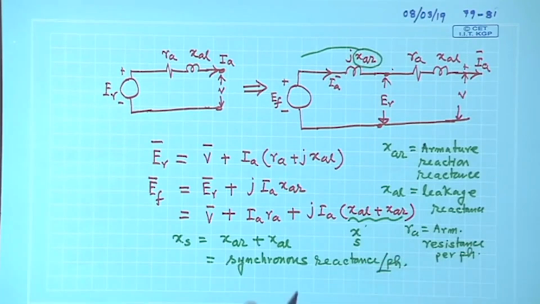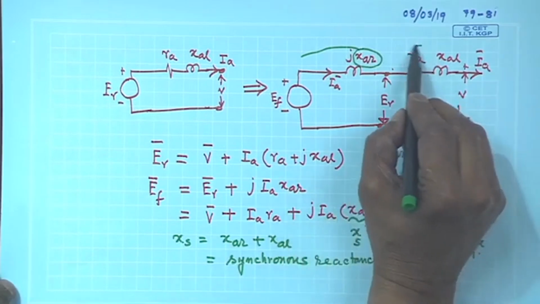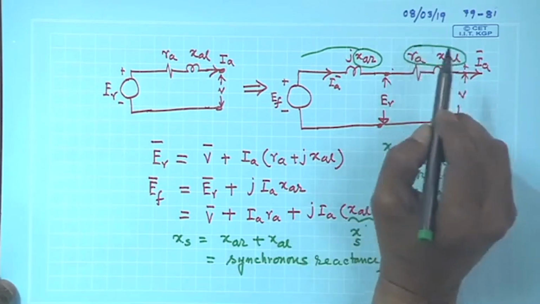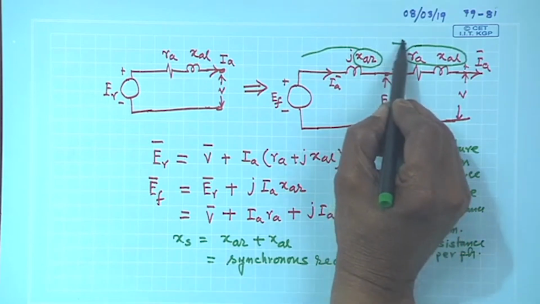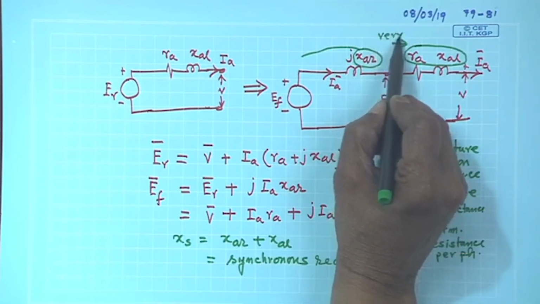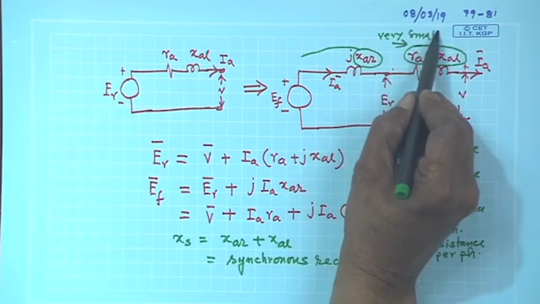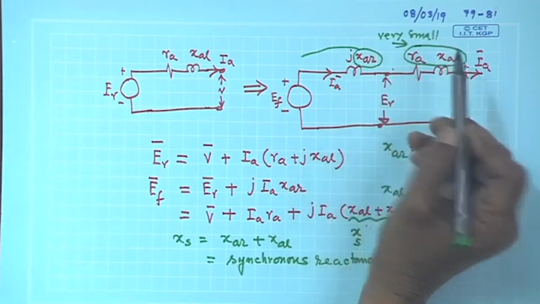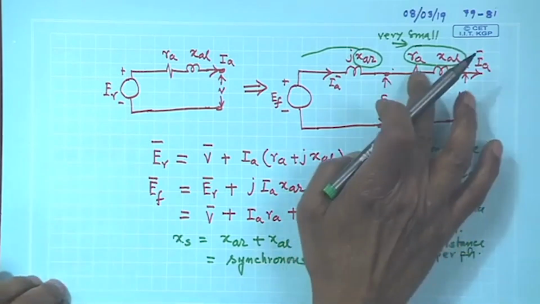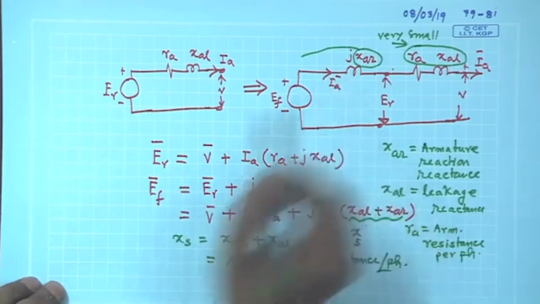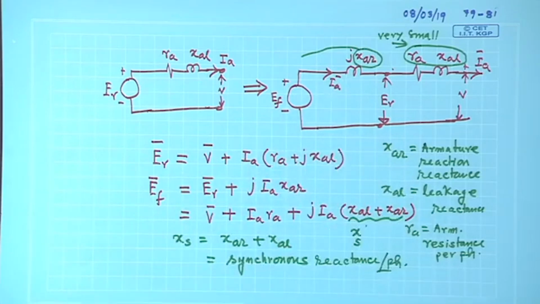Now, here one must understand this RA and XL, the armature resistance per phase and leakage reactance per phase, these are very small, like internal resistance of a battery or things like that. So, these are small, but this XAR is quite high.